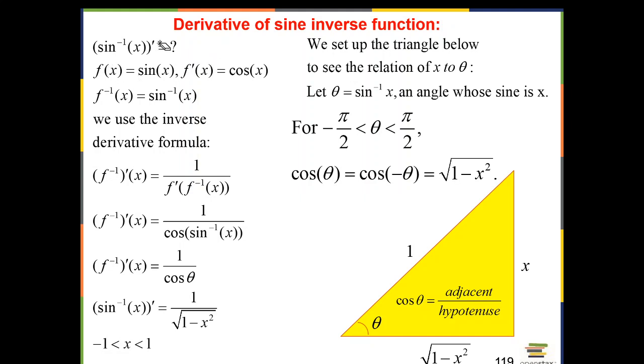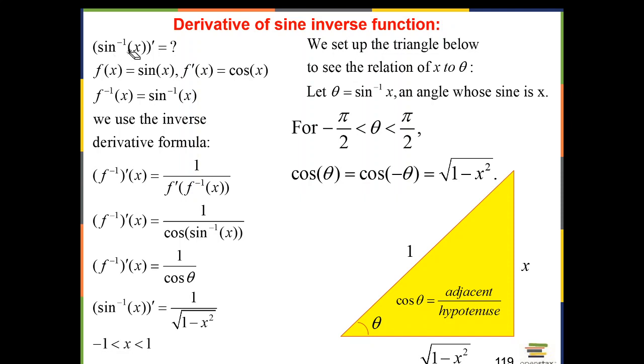Suppose we want to find the derivative of the inverse of sine. Well, we're going to think of this as the inverse of f of x equals sine x, right? So what's the derivative of inverse? Again, by our theorem, derivative of inverse is 1 over derivative of the function evaluated at the inverse.